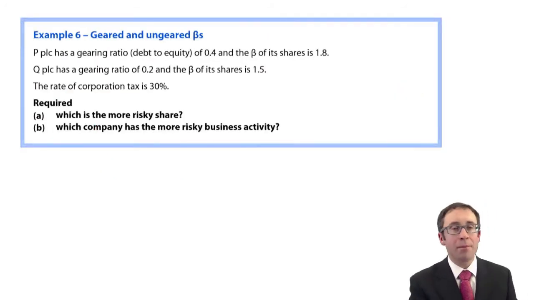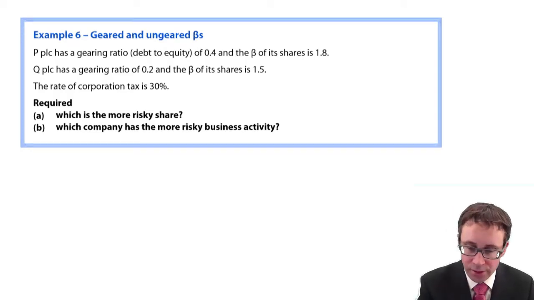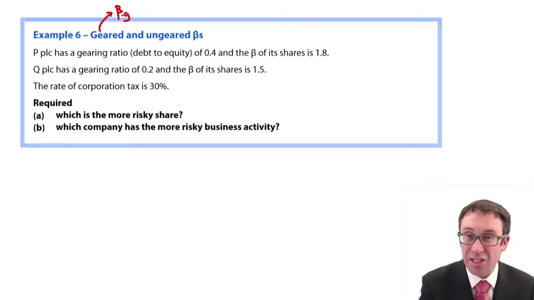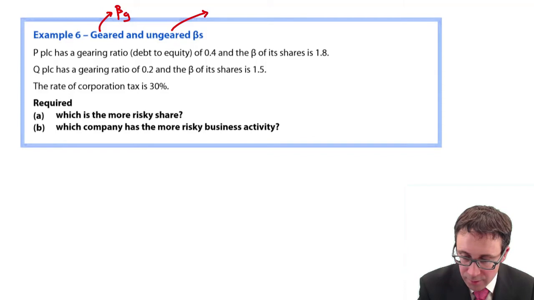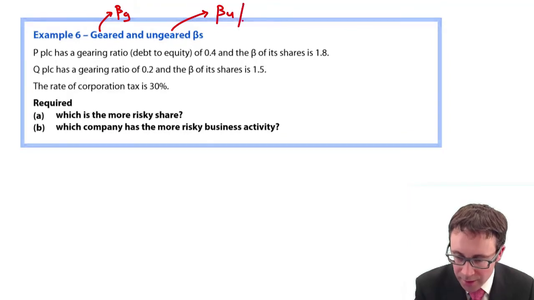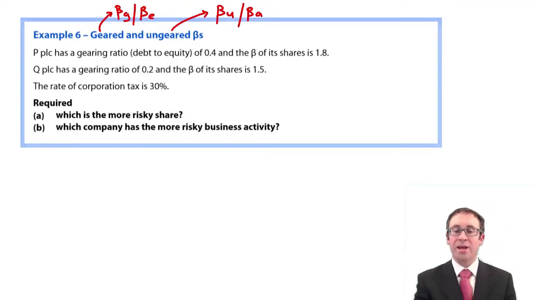So the example starts talking about geared and ungeared betas. Remember, your geared beta could be beta G, your ungeared beta is beta U, but don't forget, the ungeared beta is also referred to as beta asset, and the geared beta is beta equity.